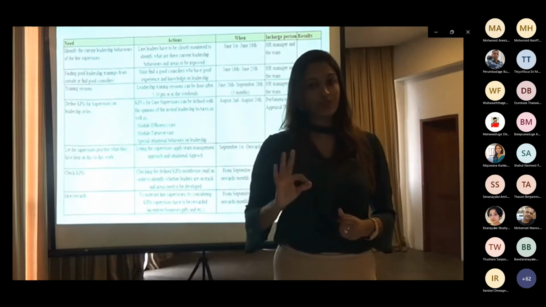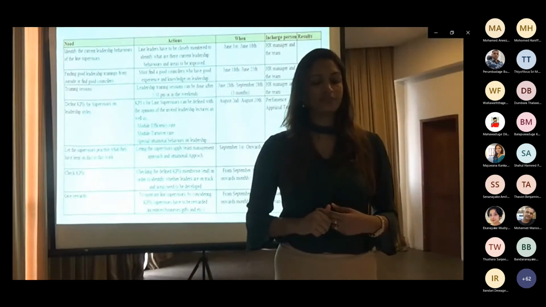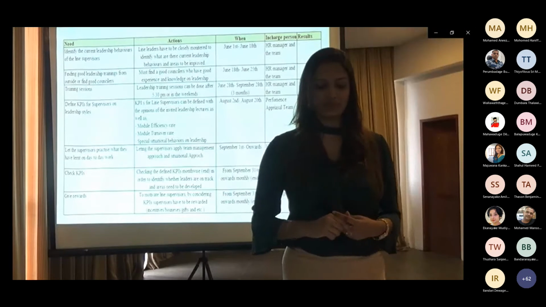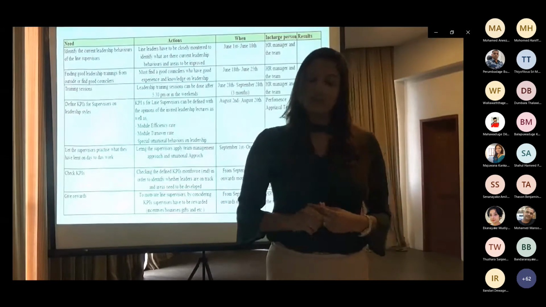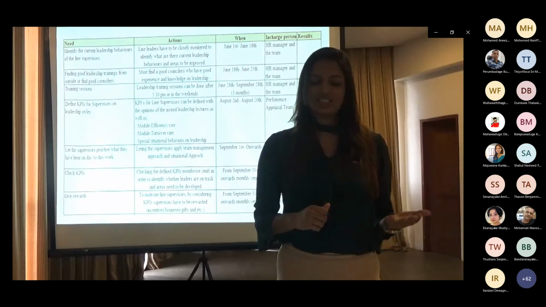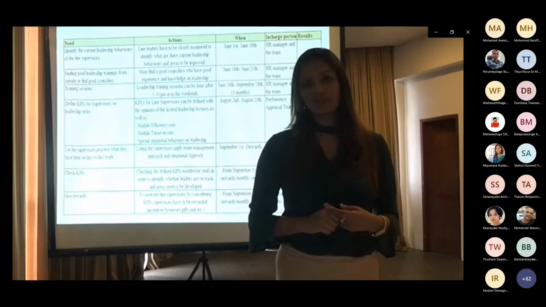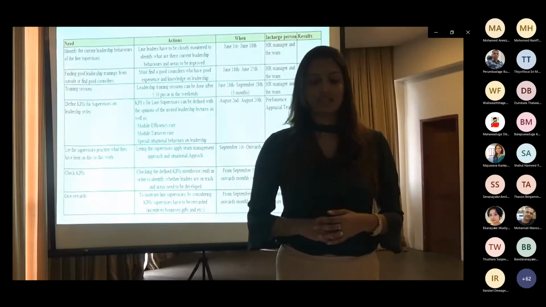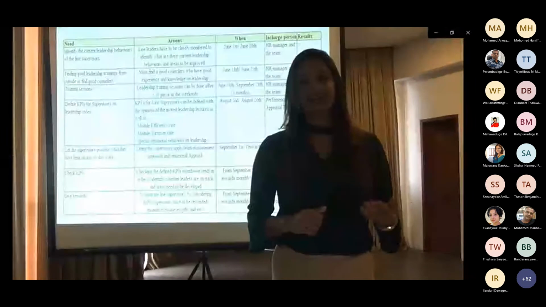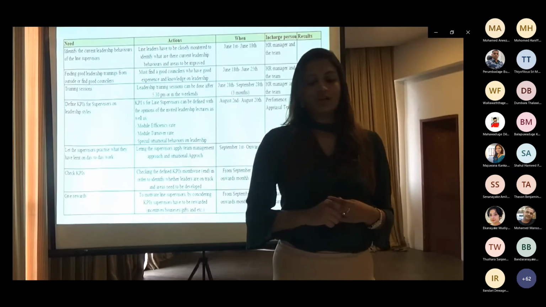After that, to evaluate this, there is a need to define KPIs for line supervisors as well. The action is defining KPIs such as module efficiency rate, module turnover rates, and the special leadership theories they have used in every situation.